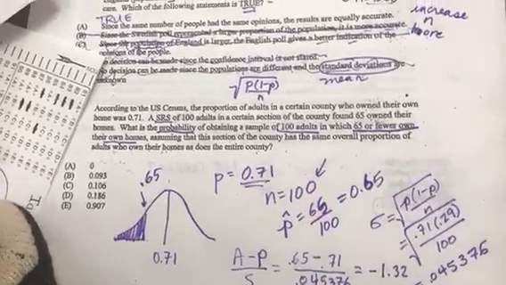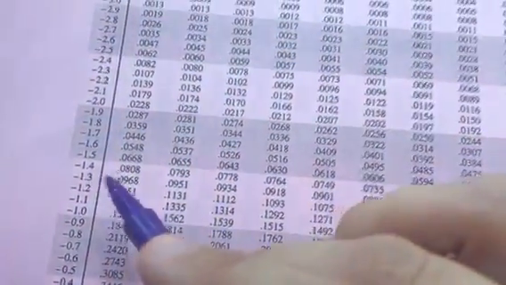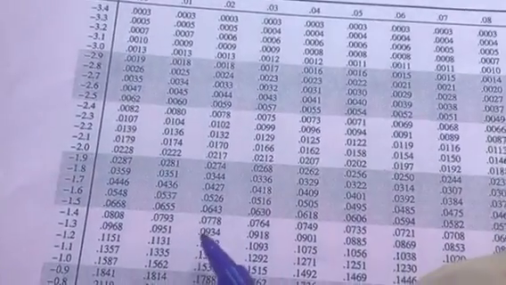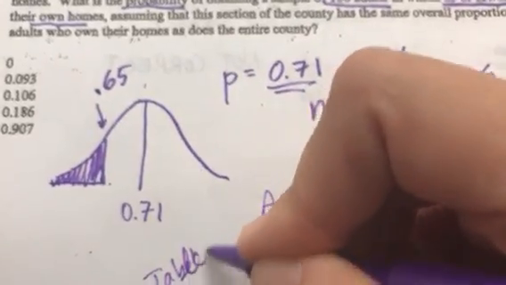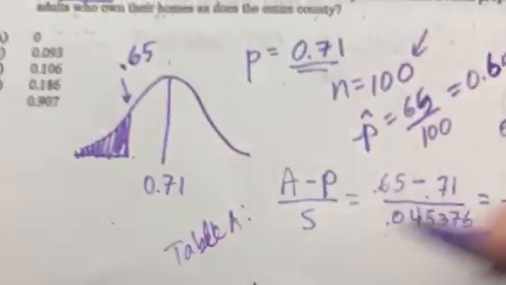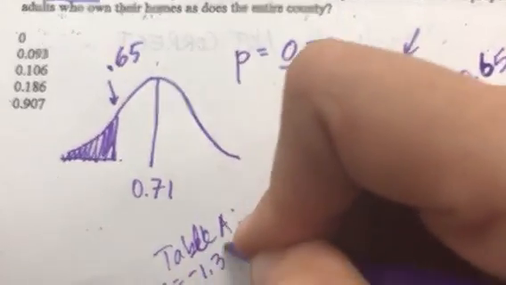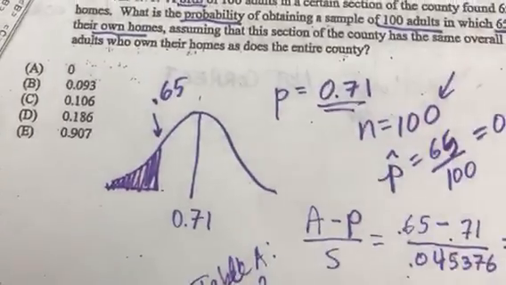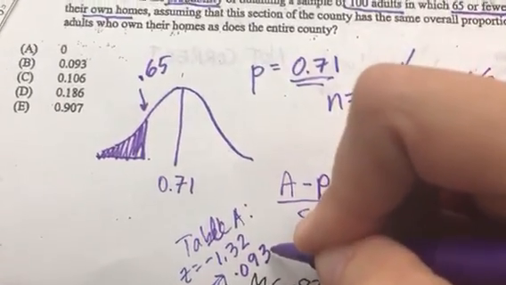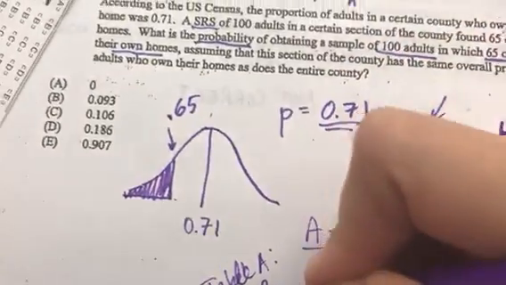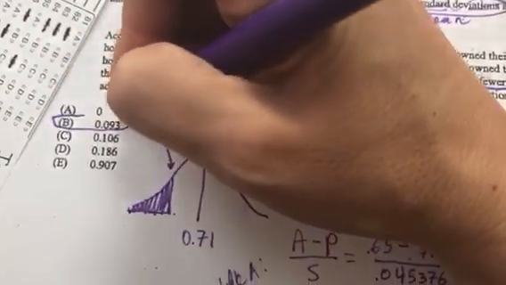So to go to my table, negative 1.32, I get 0.0934. According to Table A, a z-score of negative 1.32 would give me a probability of 0.0934, which is my answer B.